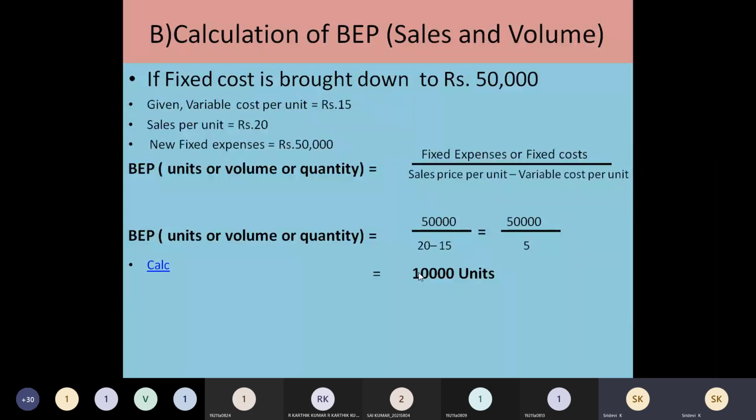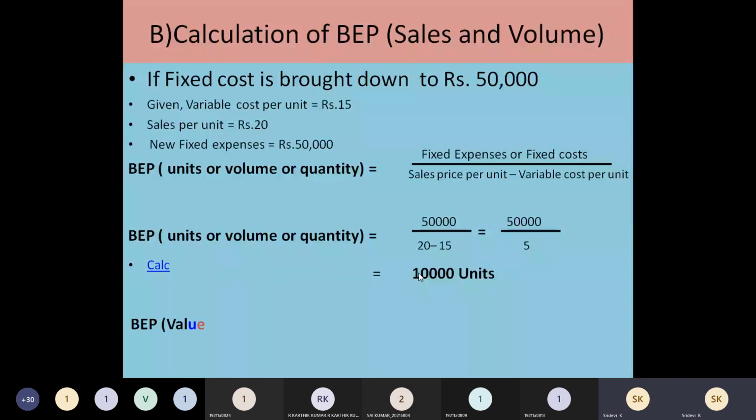That means you will enter into profits at an earlier stage. When it is 54,000, the minimum sales are 10,800, right? After 10,800 only you will enter the profit zone.